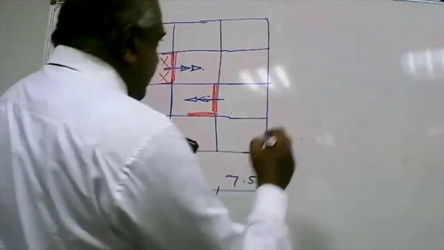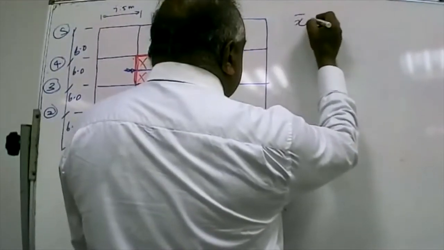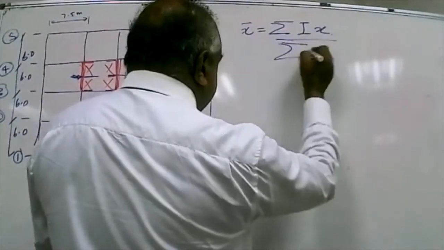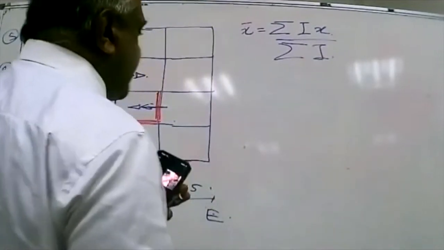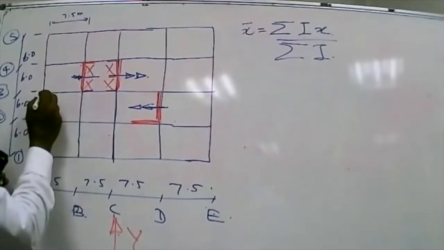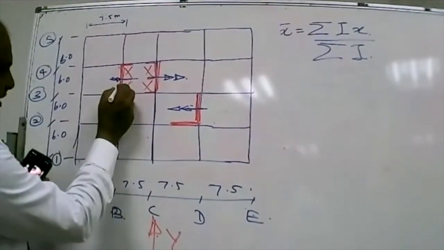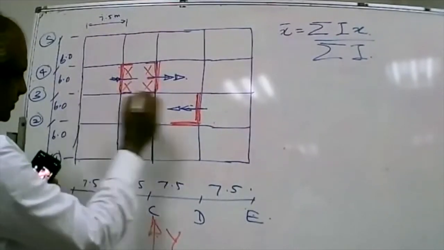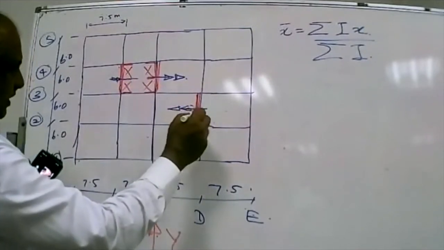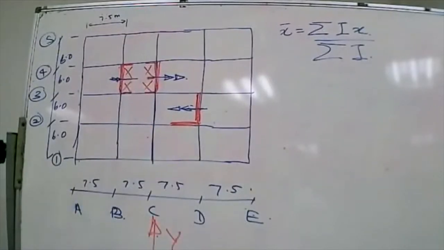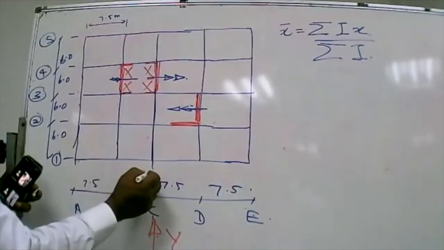So what we do is we calculate x bar is equal to sigma Ix divided by sigma I, where I is the second moment of area. Mathematically arranged, naturally the centroid should be on this axis.